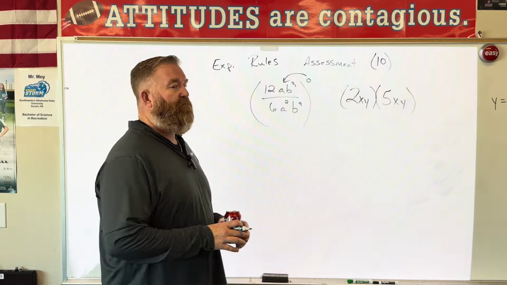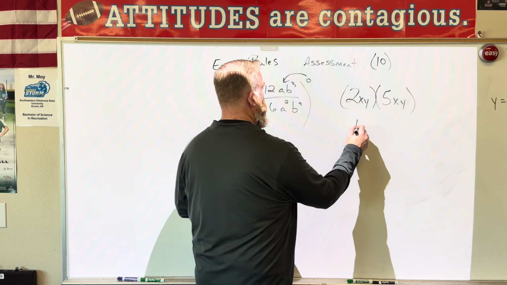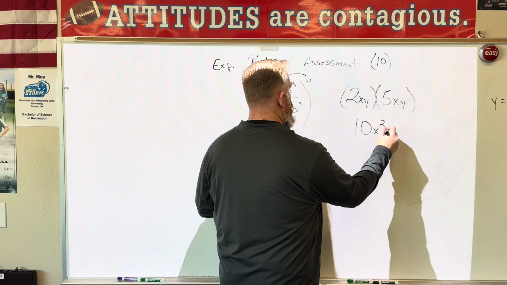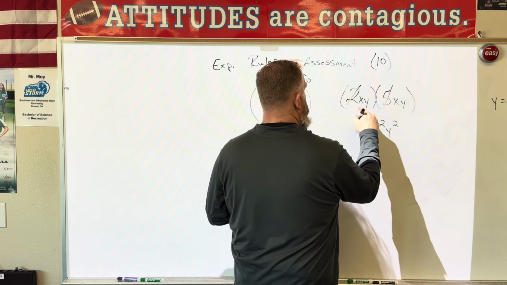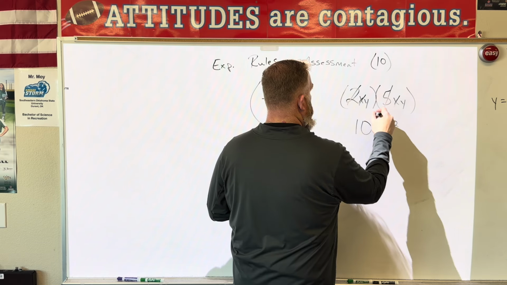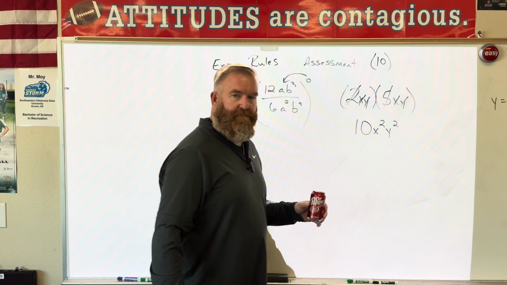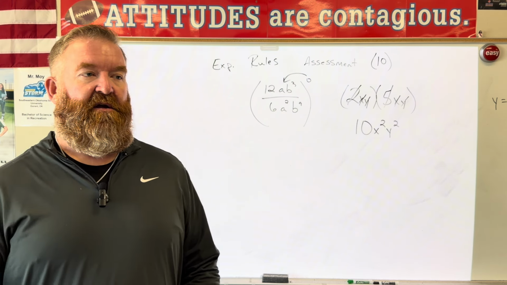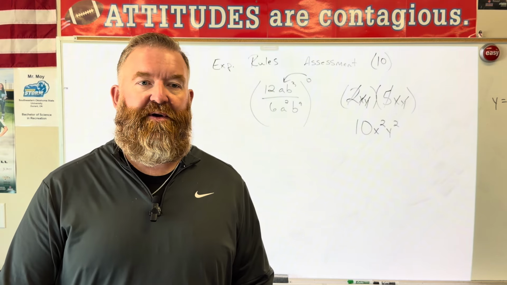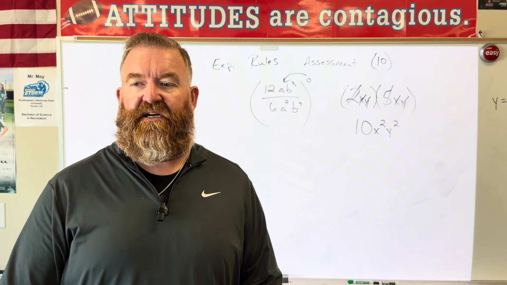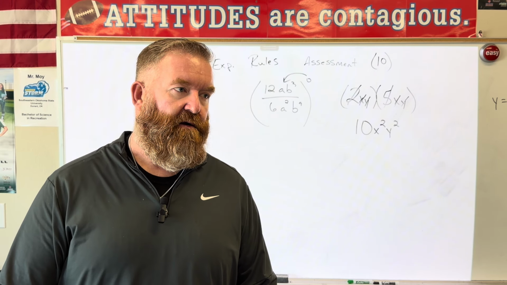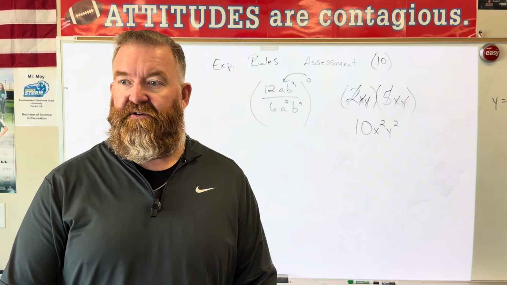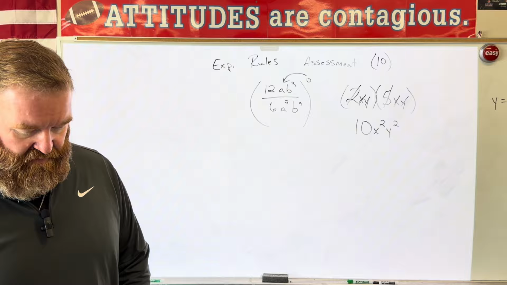Is it x squared y squared? That's it. That's all it is. x to the first times x to the first, y to the first times y squared. Done. Don't overthink those. If there is no exponent, what's the exponent, guys? It's a 1. The only time it's 0 is if you actually see the 0 power. How many times have you seen a first power? You don't see them. You do see 0 power. You don't see a 1, okay?